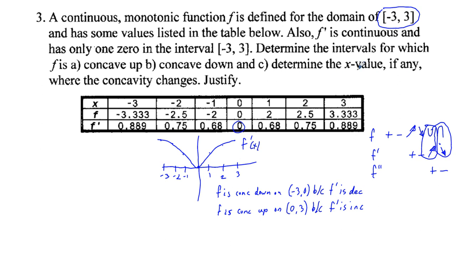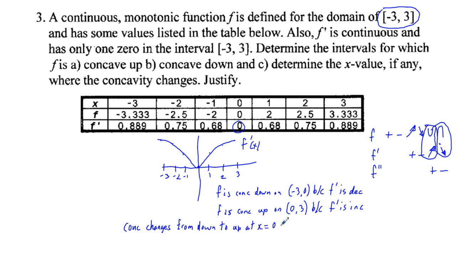And determine the x value, if any, where the concavity change is justified. So the last thing I'm going to write is concavity changes from, actually from down to up at x equals 0.